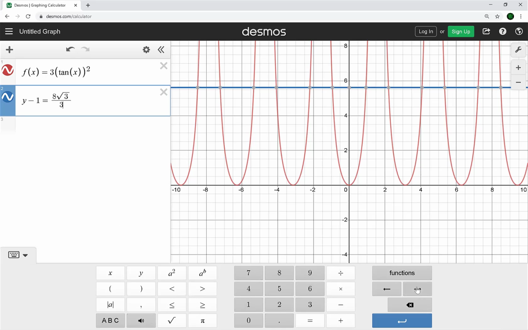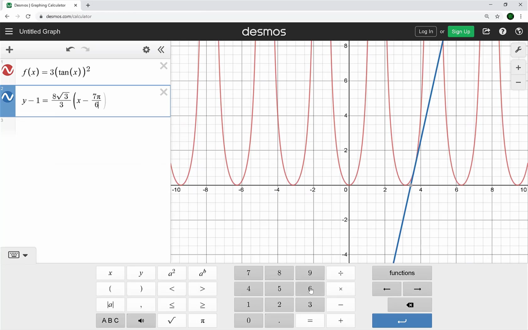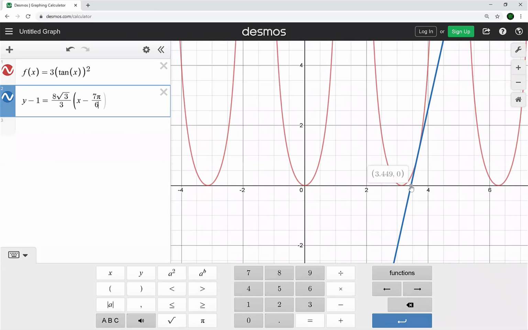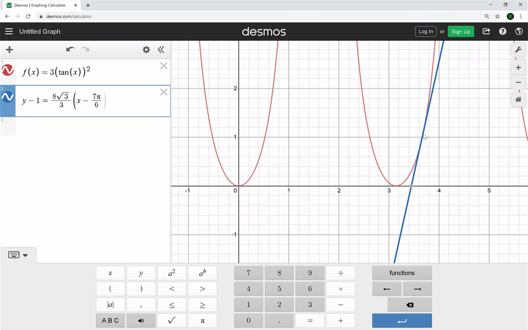And then open up parenthesis, x minus 7, oh, let me make it a little fraction. 7 pi over 4. Over what? Over 6, my bad. Was it y minus 1? Oh, yeah, it is. I don't know why I was looking down there, because they gave me a point there and that's an x-intercept. But yeah, it is, guys.